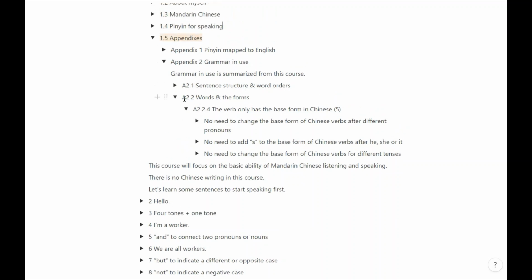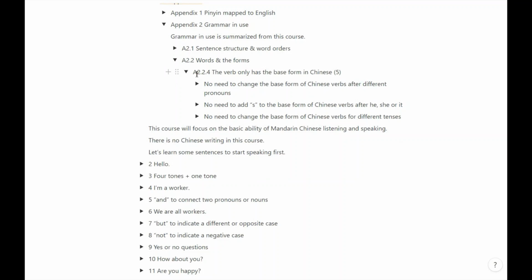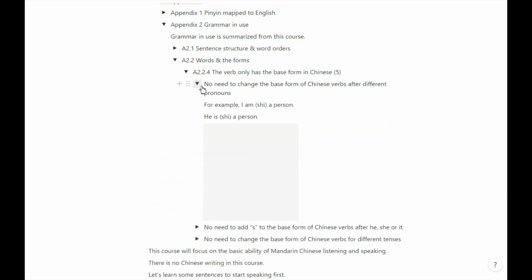In Appendix 2.2, it's about words and their forms. For example, in this section, we will describe that the verb only has the base form in Chinese. For example, no need to change the base form of Chinese verbs after different pronouns.